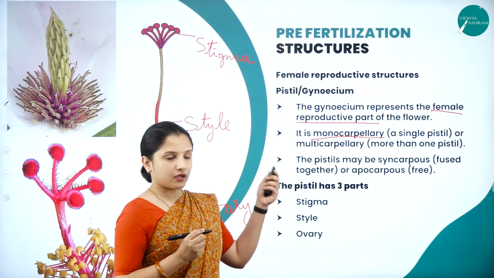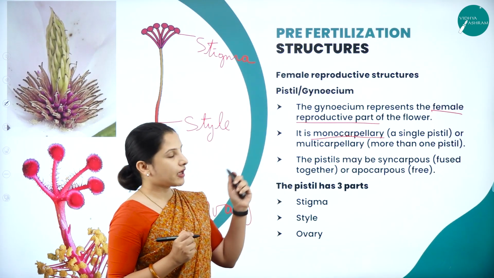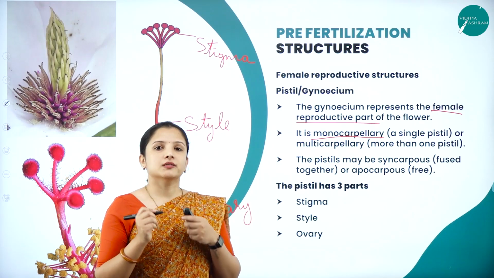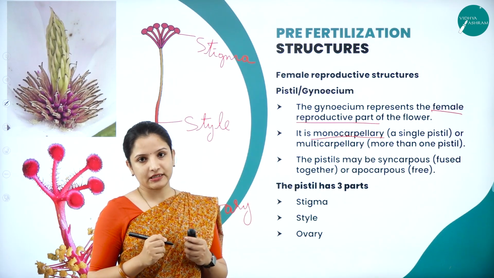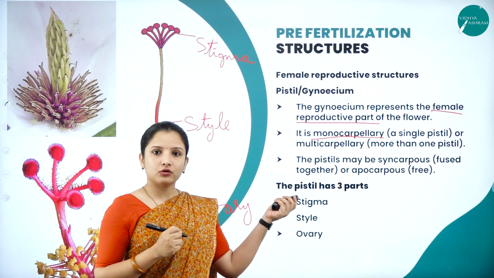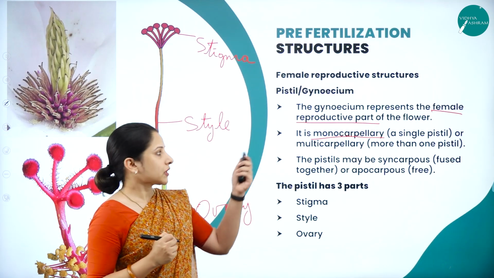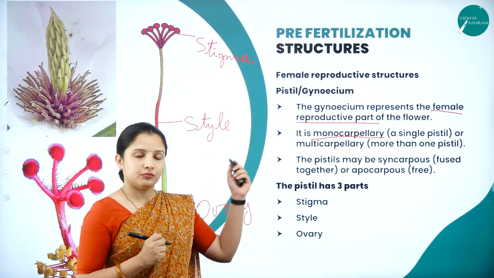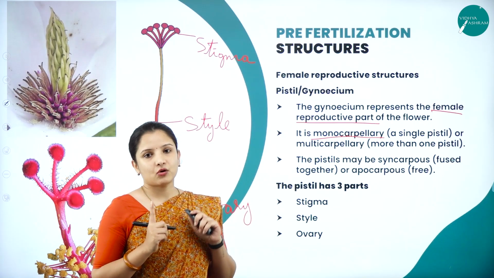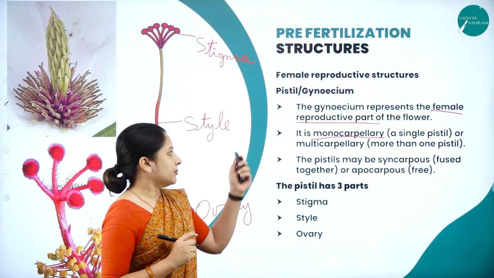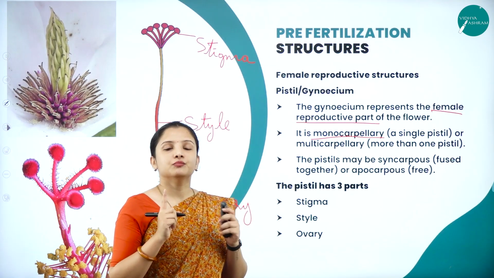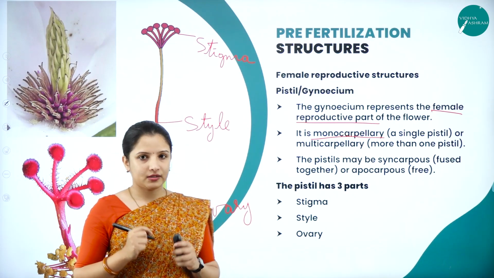So in a flower, you can find that the female reproductive structure, which is the pistil or the gynecium, can either be monocarpellary or it can be multicarpellary. Monocarpellary means it has only one carpel. Multicarpellary means it has more than one carpel or the pistil.